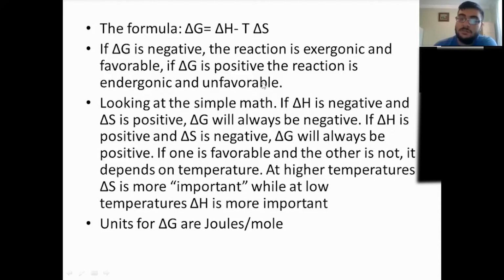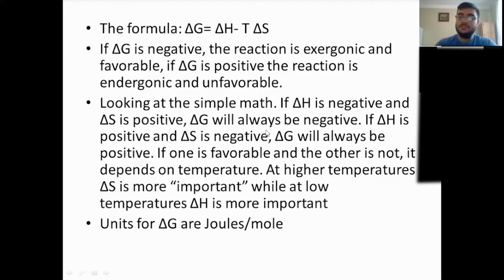If delta H is positive, which is not favorable, and delta S is negative, which is also unfavorable, you would have a positive value minus a negative value, where the signs cancel out, so it's a positive value plus a positive value. Delta G would always be positive. There's no other way around it, which is unfavorable.